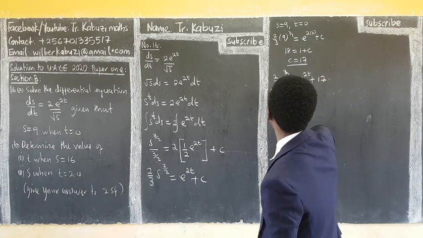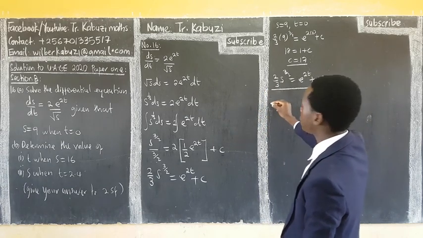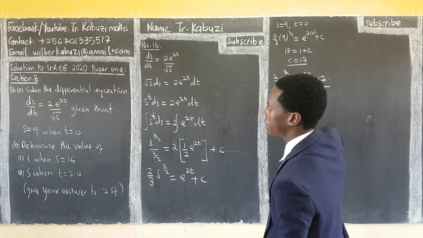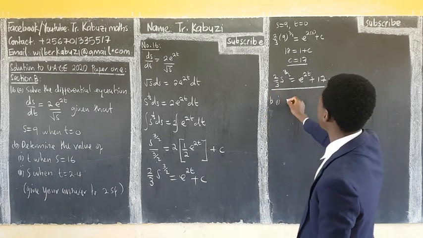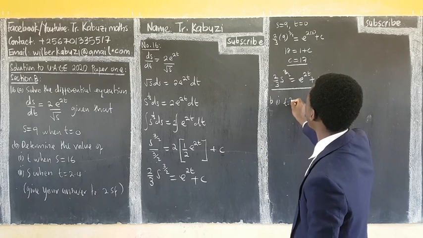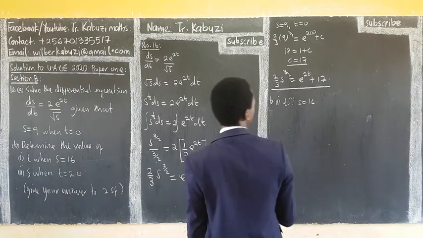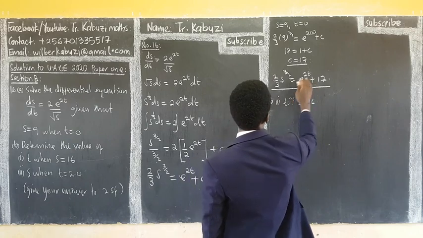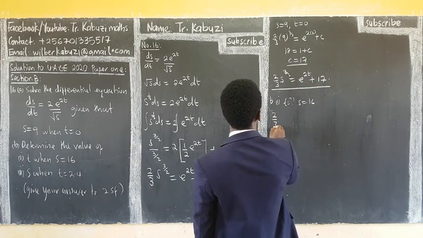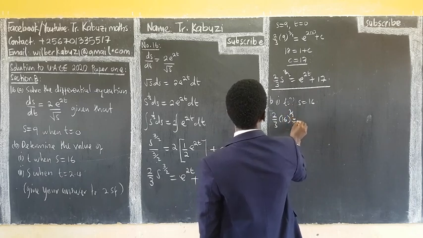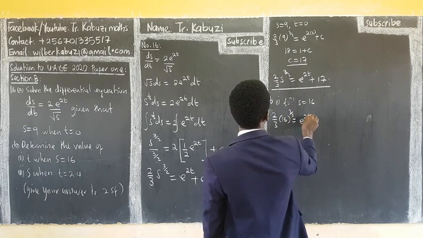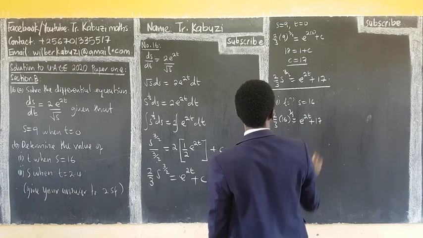So this was part A. Then part B, Roman numeral 1, I want us to get t when s is 16. Let's come and punch it there. So here we shall be having 2 over 3, then 16 to the 3 over 2 equaling to e to t plus 17.